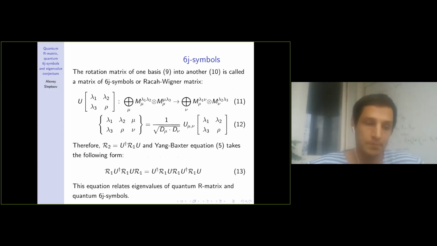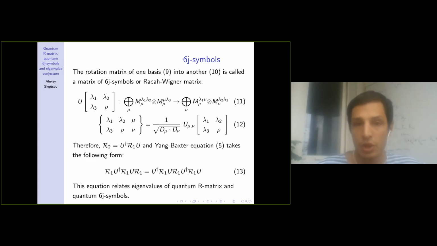Well, actually, matrix elements of Racah-Wigner matrices in the literature are usually called Racah coefficients or recoupling coefficients. The 6j-symbols have a slightly different normalization, which is given by formula 12. But in my talk, this normalization does not play any role, and I am not going to distinguish these two notions.